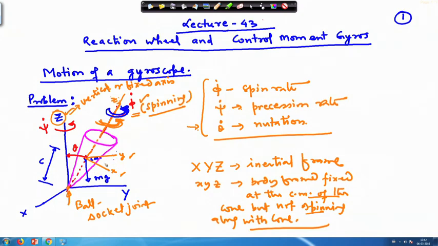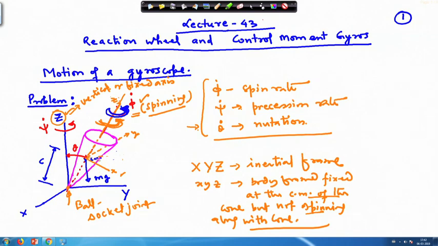This y axis here seems to be coming out, maybe we will change it a little bit. Y axis we can show like this. So, this is your y axis. The x axis is inclined like this, as shown here.